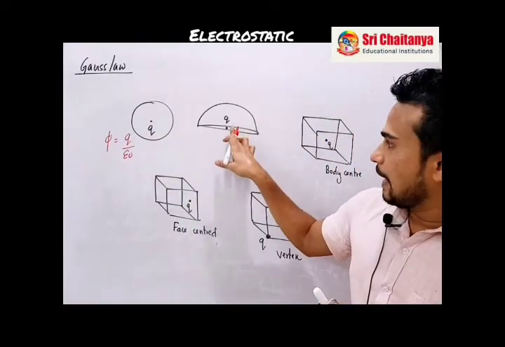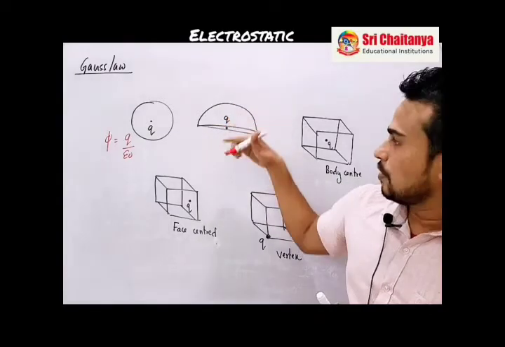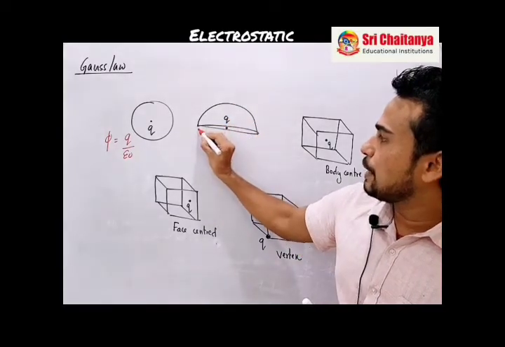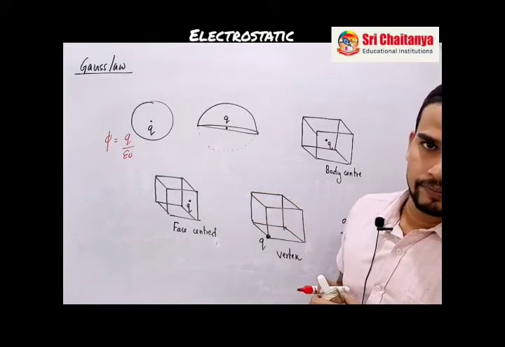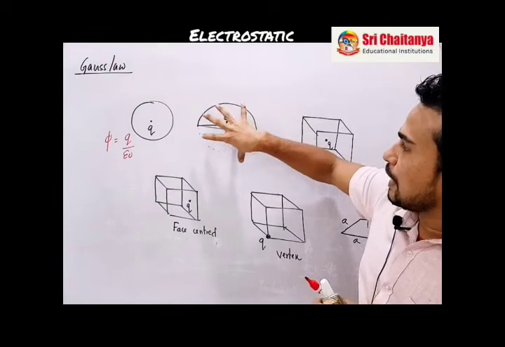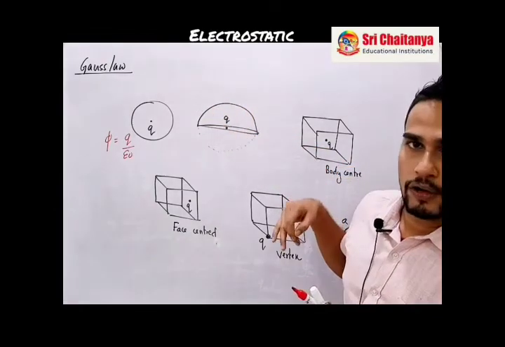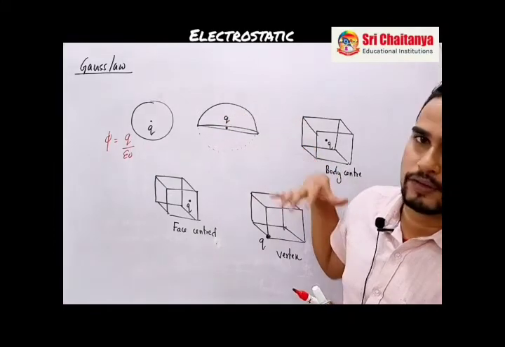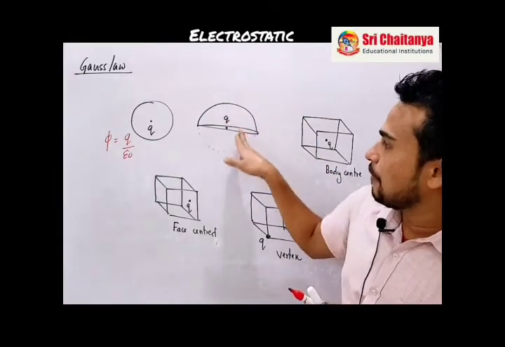In the second case, they will again ask you to find the value of flux. Now if you see, this is a hemisphere. You'll be saying, sir, in order to completely enclose the charge, we need one more hemisphere here. If the total sphere is there, flux will be Q by epsilon naught. But here I have only half of the sphere, that is a hemisphere. So only half of the flux will go.